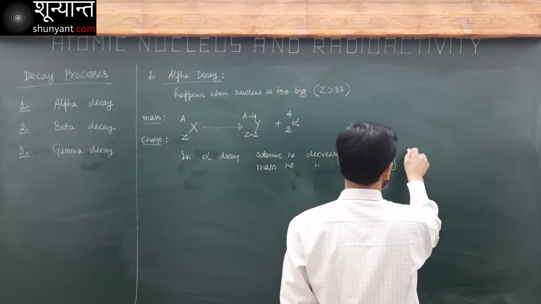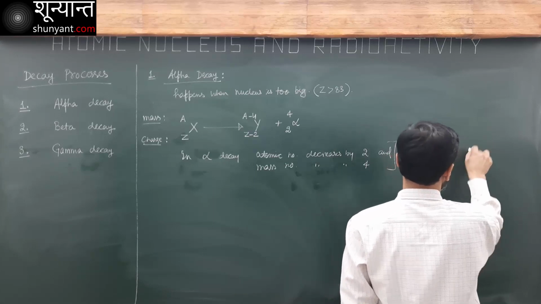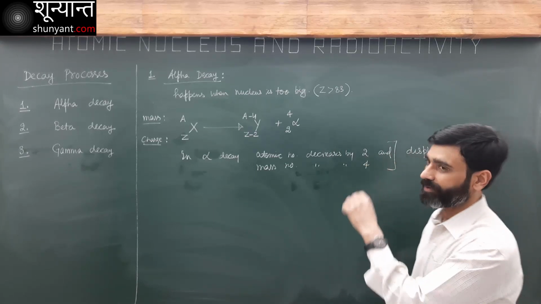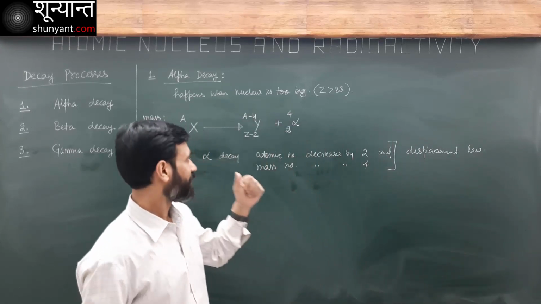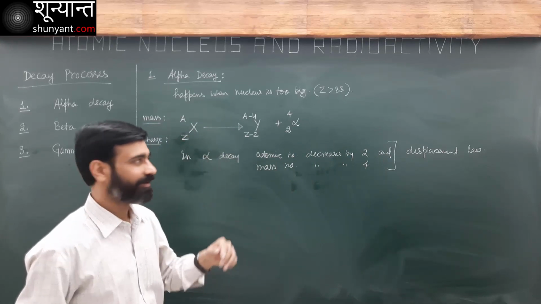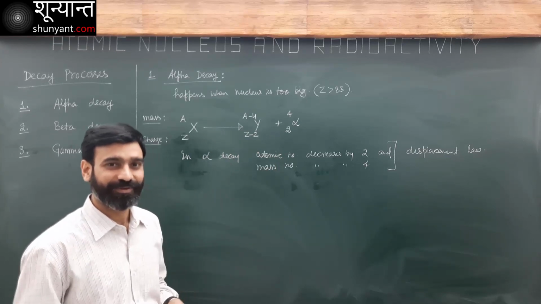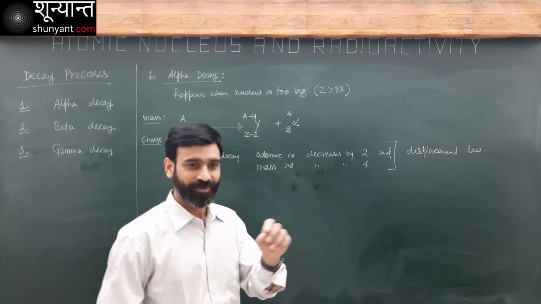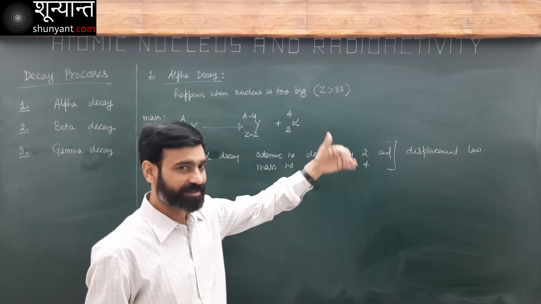This is known as the displacement law corresponding to alpha decay. Why do we call it displacement? Because this element has a certain place in the periodic table. When alpha decay happens, its position is going to change. Now it will come 2 places behind. So it is going to be displaced in the periodic table according to this law, and that's why it is known as the displacement law.